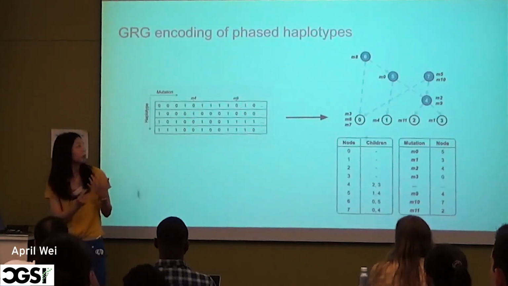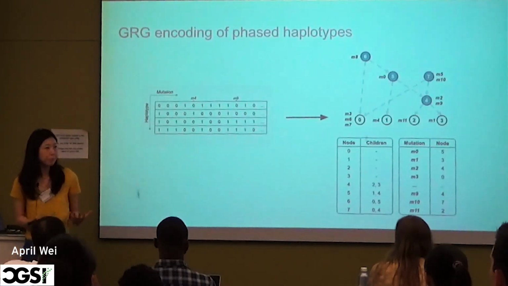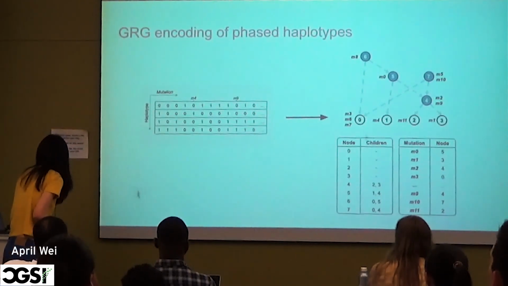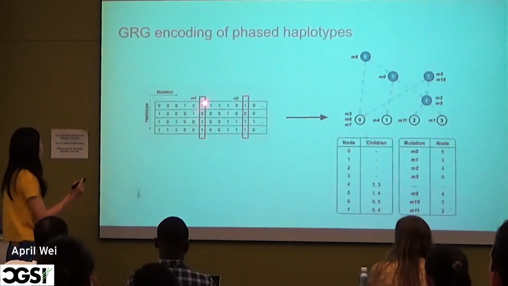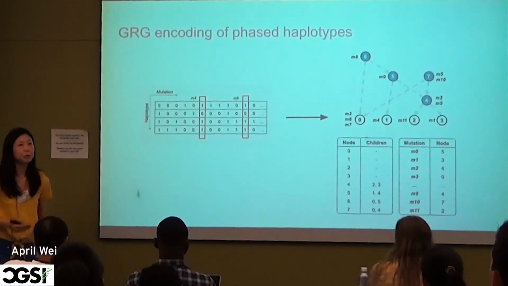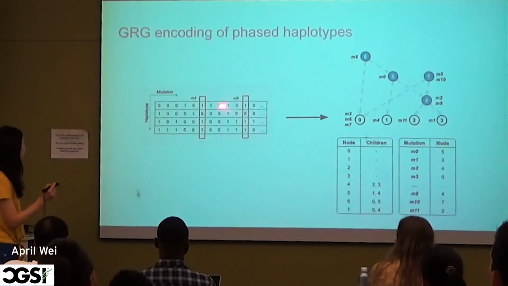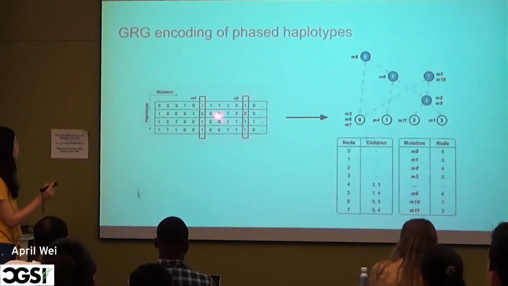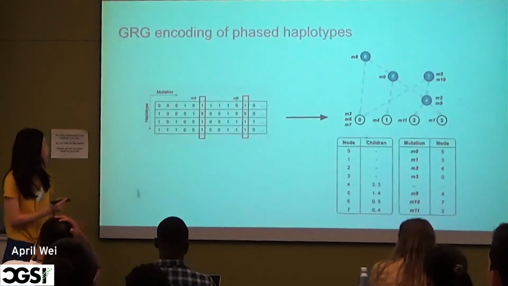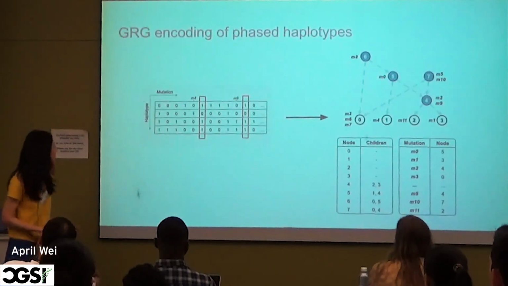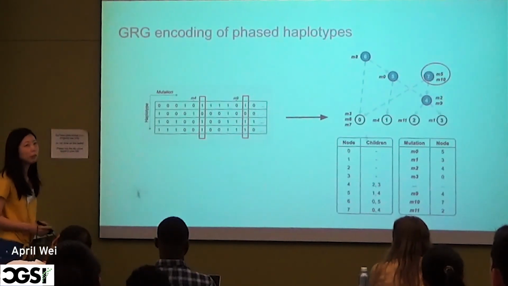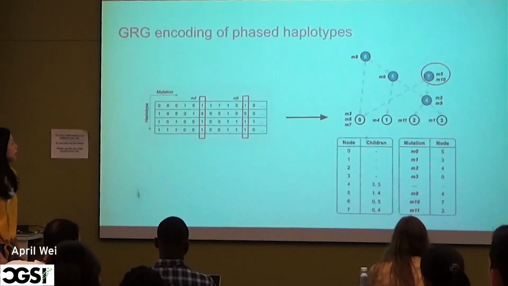So we want to encode the same data as a genotype matrix. And how do we get that information? Let's say mutations 5 and 10 are the mutations we want to encode as an example. We can see from this table that these 2 mutations share exactly the same information among these different haplotypes. So M5 and M10 are here, on node 7.